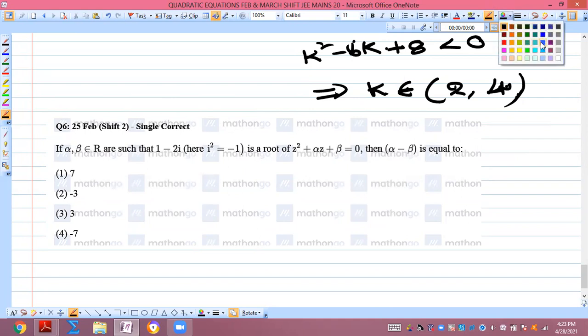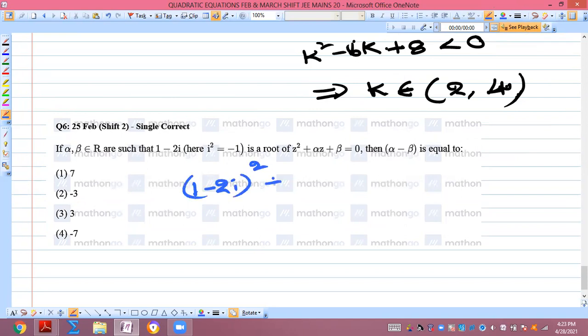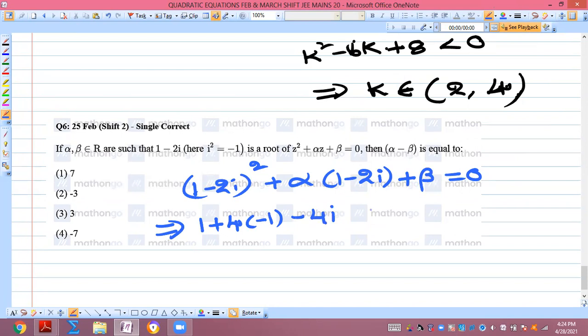So check it. 1 minus 2i whole square plus alpha into 1 minus 2i plus beta is equal to 0. So in this way, 1 plus 4 into minus 1 because i square, then minus 4i plus alpha minus 2i alpha plus beta is equal to 0. Left side we have real part and imaginary part of a complex number. What is real part first? 1 minus 4 minus 3, alpha minus 3 plus beta.